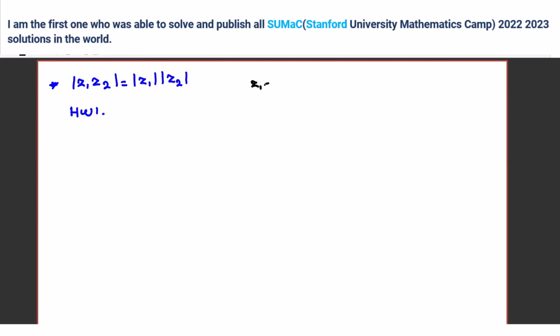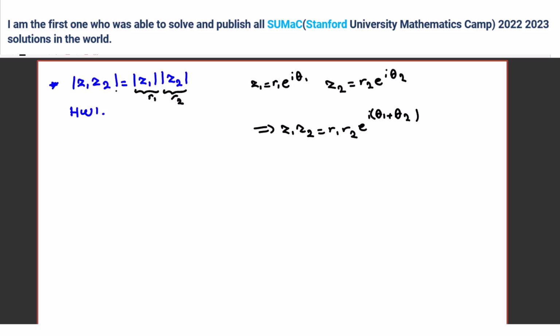We can also say z1 is R1 e^(i theta 1), z2 is R2 e^(i theta 2). So z1 z2 is equal to R1 R2 e^(i(theta 1 plus theta 2)), right? So both sides are, this one is R1, this one is R2, this one is R1 R2, right?